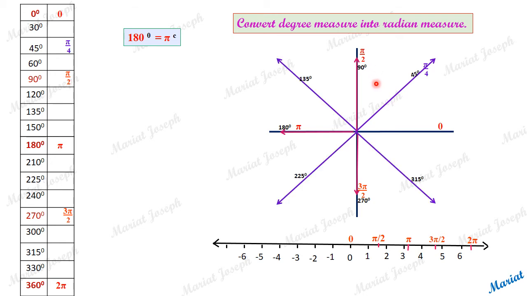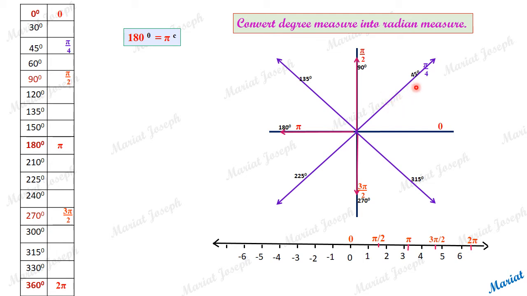Same we can do in the other three quadrants also. Here they are. Now we have actually got 8 partitions, each of them 45 degrees. 1, 2, 3, 4, 5, 6, 7, 8 partitions. 45, another 45, another 45, another 45, etc. Now let's see.